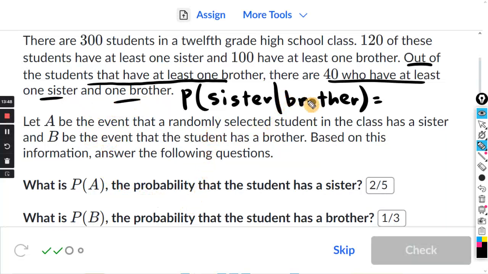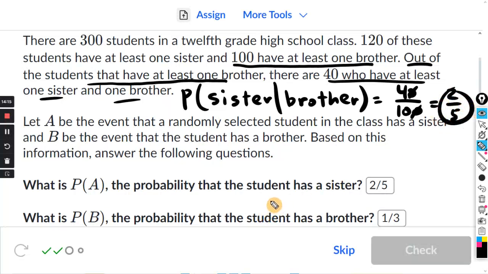It's given that the student has a brother, and 100 of those have at least one brother. So that goes in the denominator. The given amount goes in the denominator, and 40 of those have at least one sister and one brother. If we reduce that, cut the 0, 4 over 10 is the same as 2/5. Final answer.